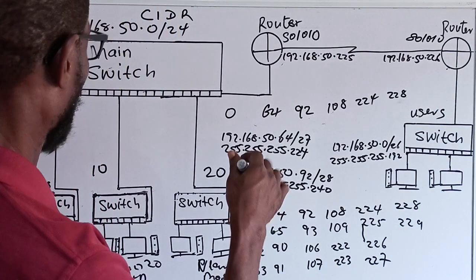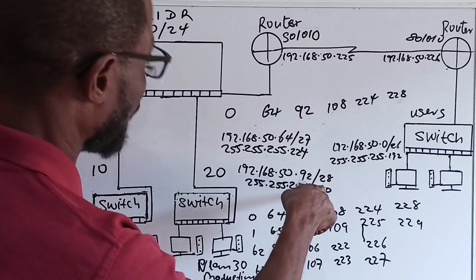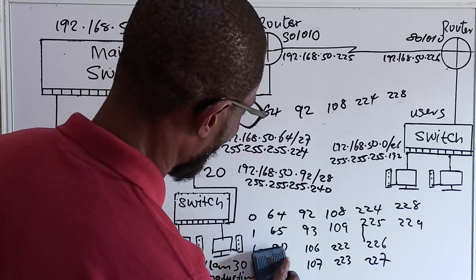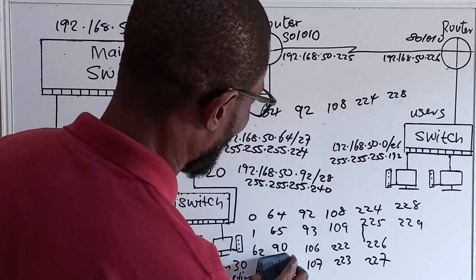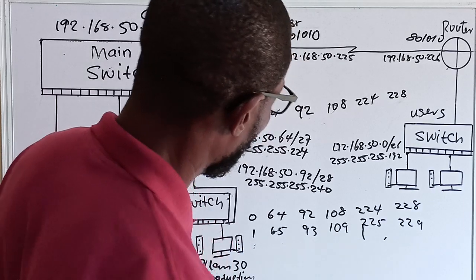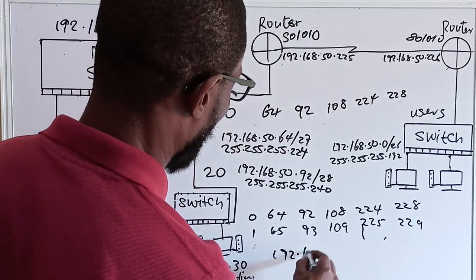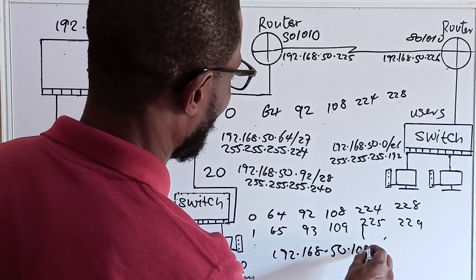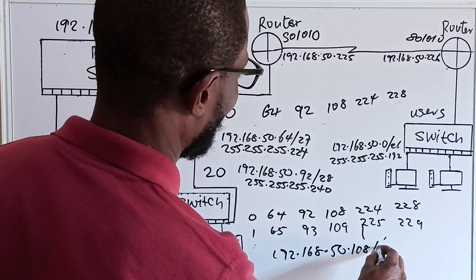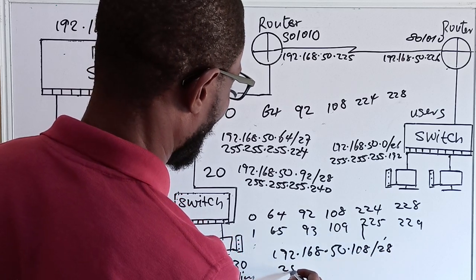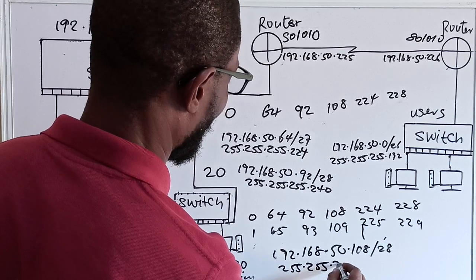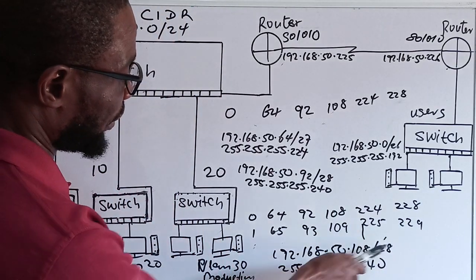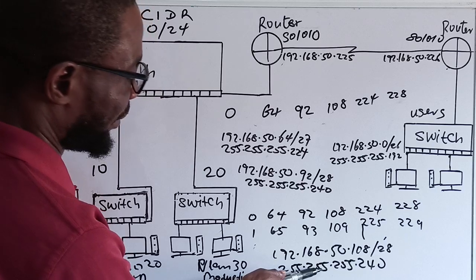Now the 6 users here use a /28 as well. This is network 112: 192.168.50.112/28, with mask 255.255.255.240. Do not forget that this is 28 bits, which is the same as this.